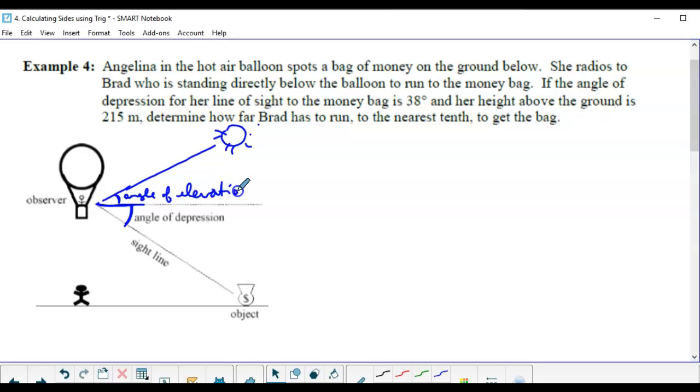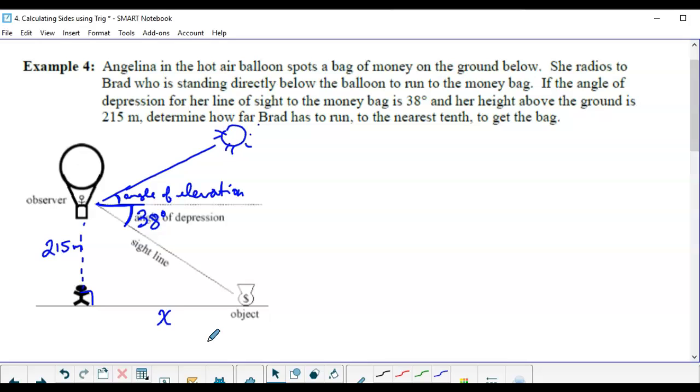Okay. So it says Angelina is in the hot air balloon, spots a bag of money on the ground below. She radios to Brad, who is standing directly below the balloon. Okay, so that forms a 90-degree triangle to run there. If the angle of depression for a line of sight is 38 degrees, so this is 38 degrees, and her height above the ground is 215 meters, determine how far he has to run.